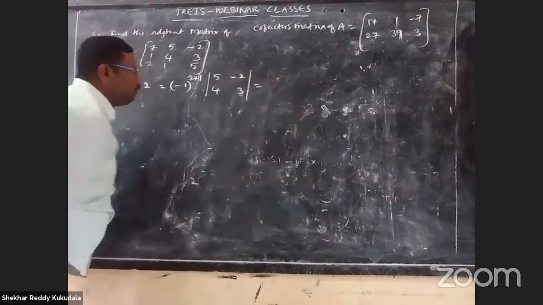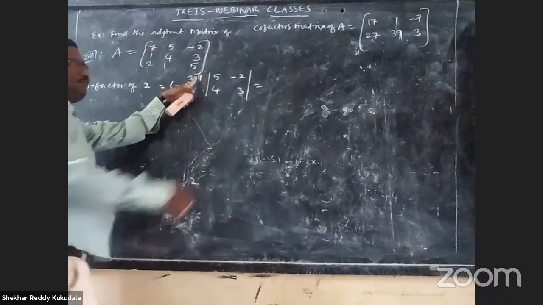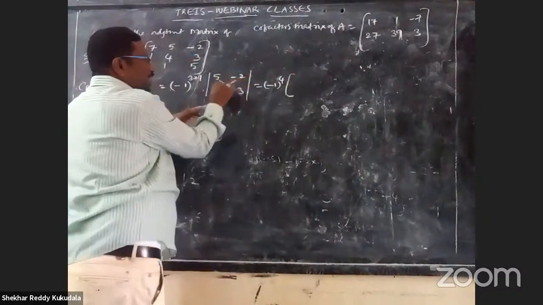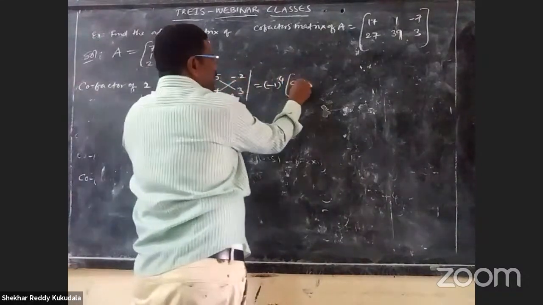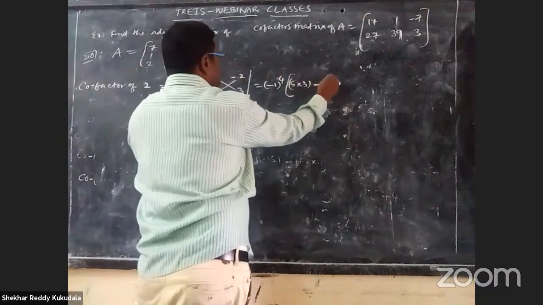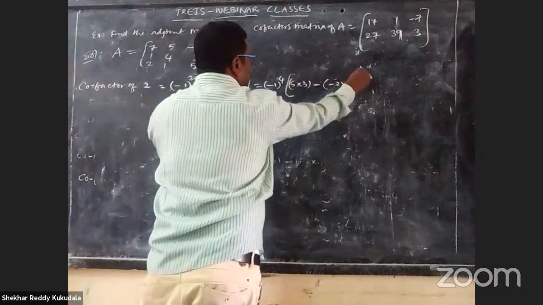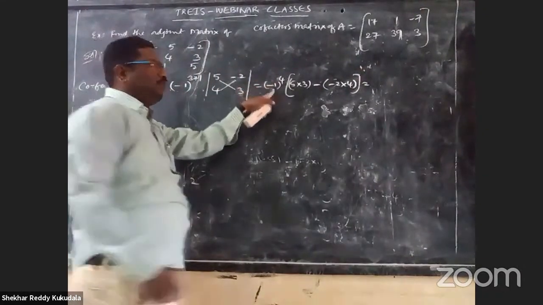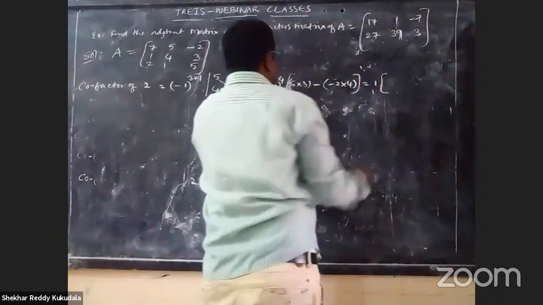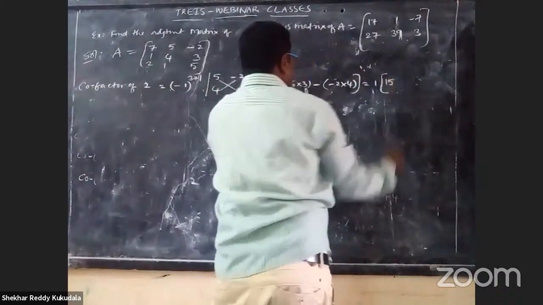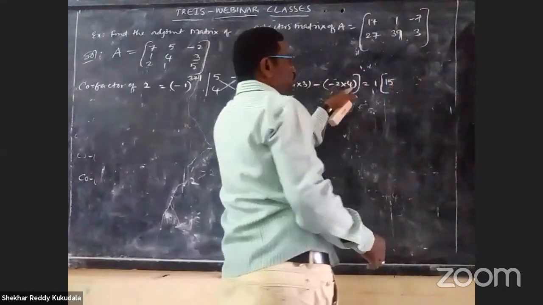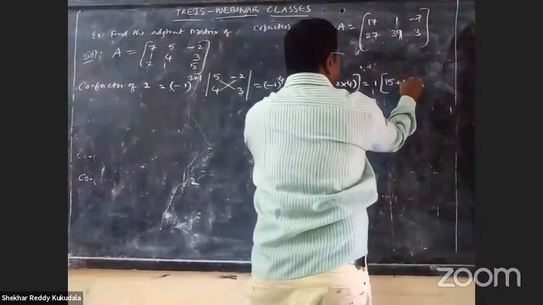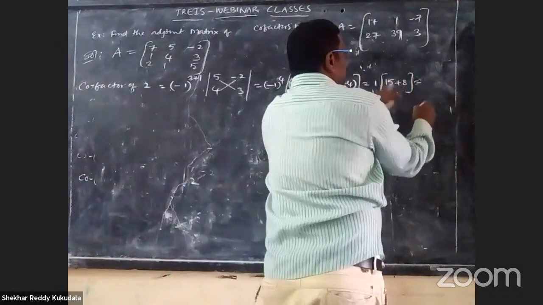This is equal to minus 1 power 4 into AD minus BC: 5 into 3 minus 2 into 4. Minus 1 power 4 is 1. 5 threes are 15 minus 2 fours, so this is minus 8, and minus becomes plus 8. So 23 into 1 will be 23.